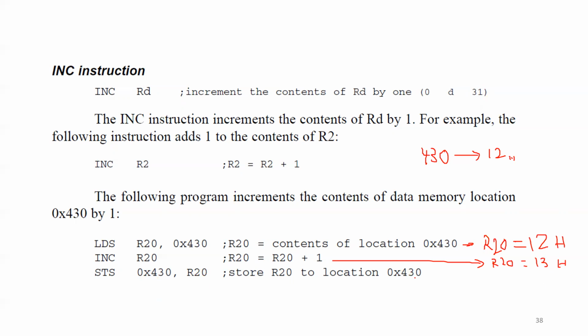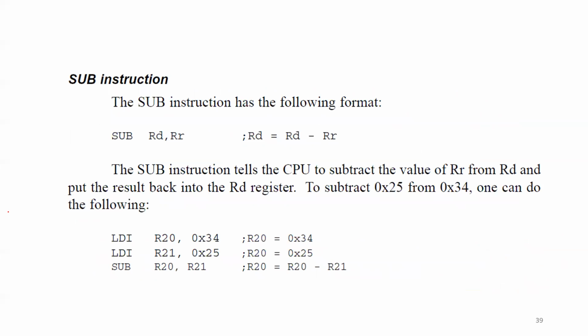So after executing this instruction, the memory location 430 would have a data of 13 hexadecimal. Okay, so this is a numerical example to just figure out how this instruction is working. Okay.